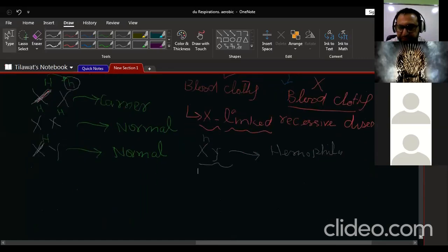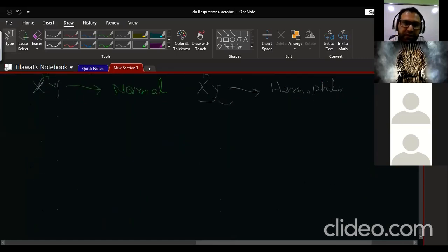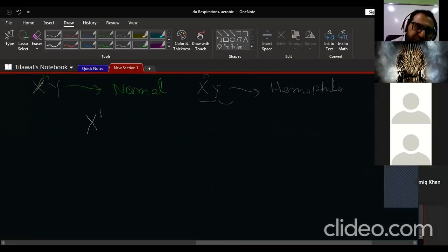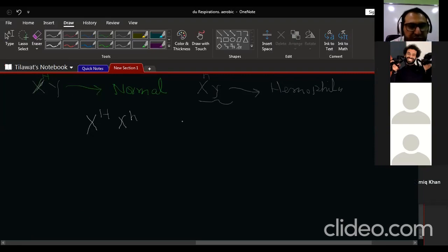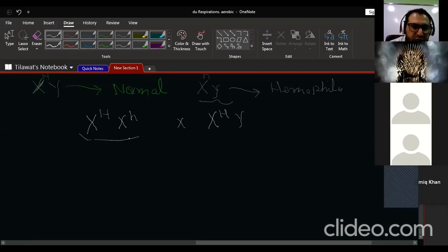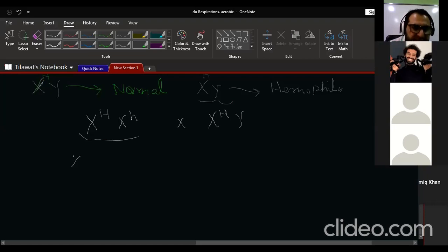My question is, carrier hemophilic female, right? One side I'm taking for female, for example, H and small h. She married with a man, he is normal. So what should be the probability of offspring? For this, you have to take first gametes.